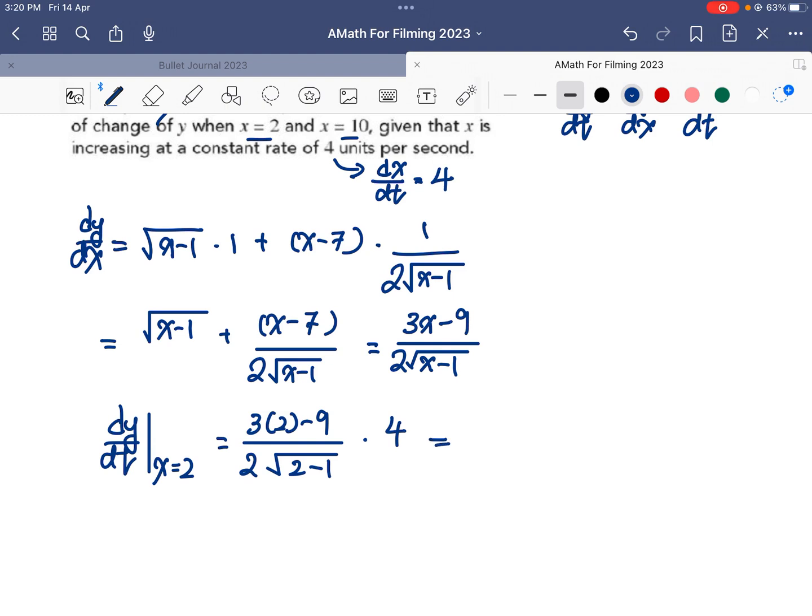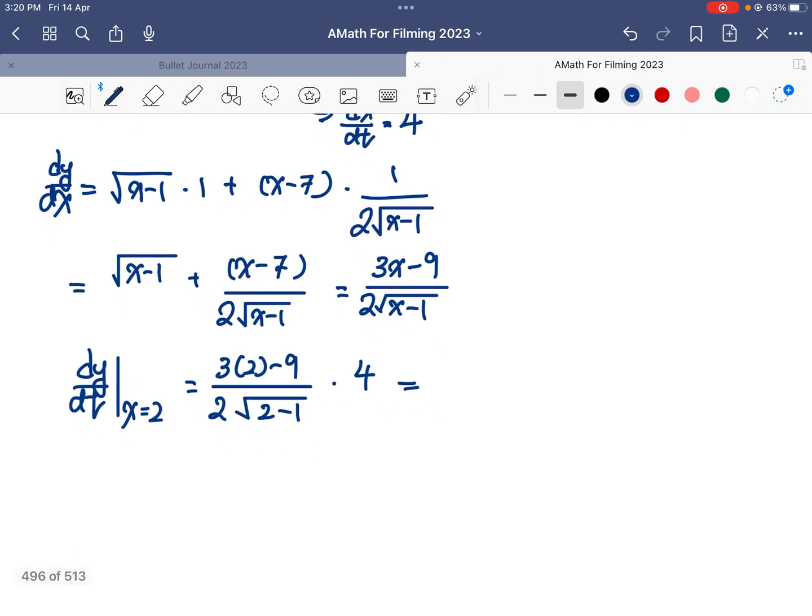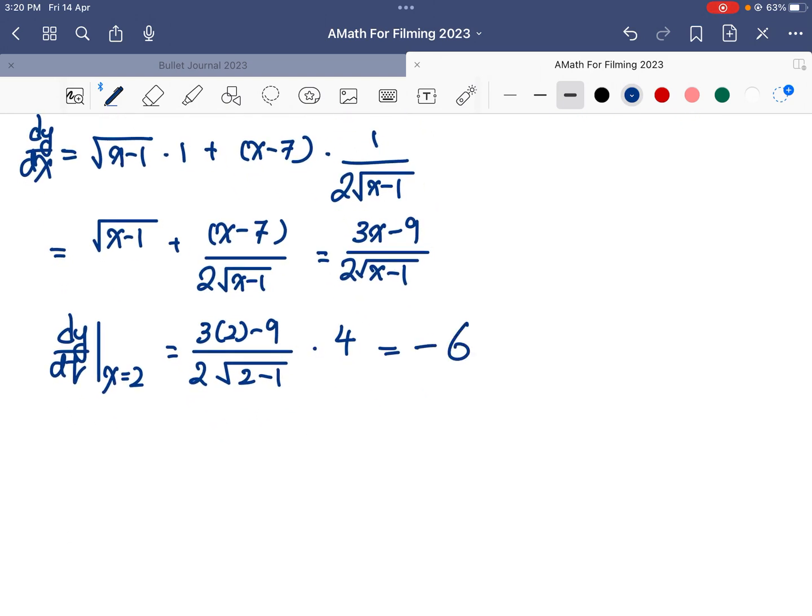If I work everything out with my calculator, I should get the value of -6. So it means that y is decreasing at a rate of 6 units per second when the x value equals 2.